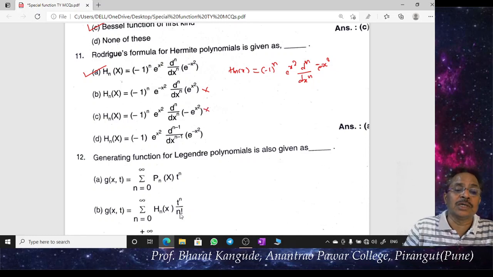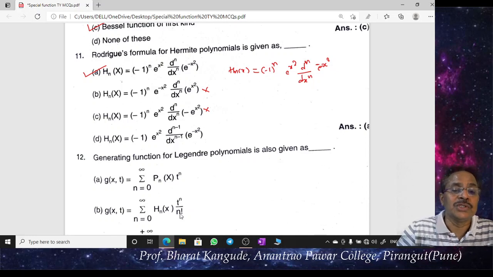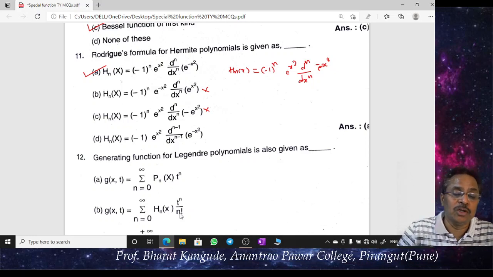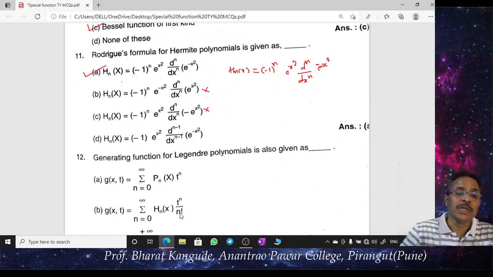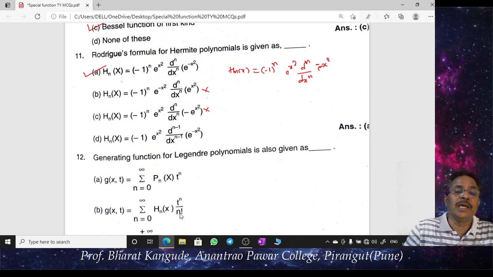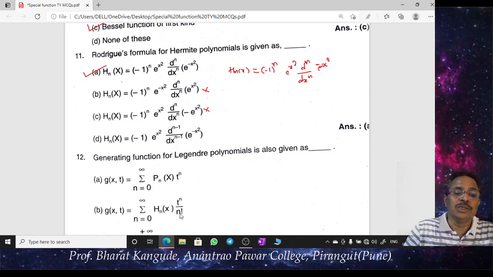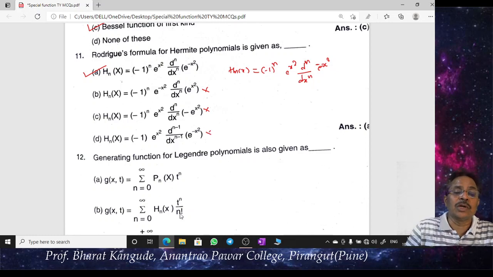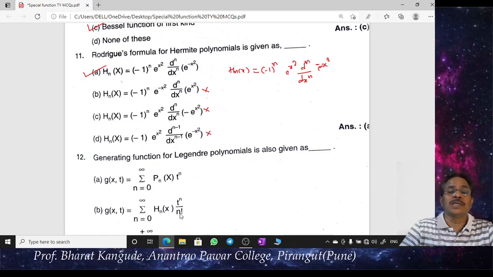So this is also not correct. So just by making a small change, either plus or minus, or writing something in the numerator or denominator, we can see here in option 4, this n has been changed to n minus 1 in both the differential operator in the numerator as well as the denominator. So this is also not the Rodrigues formula for this Hermite polynomial.